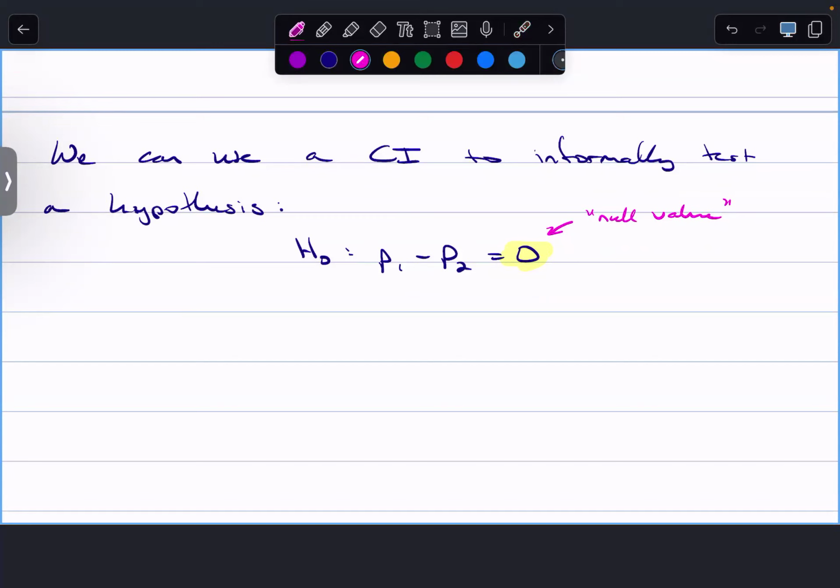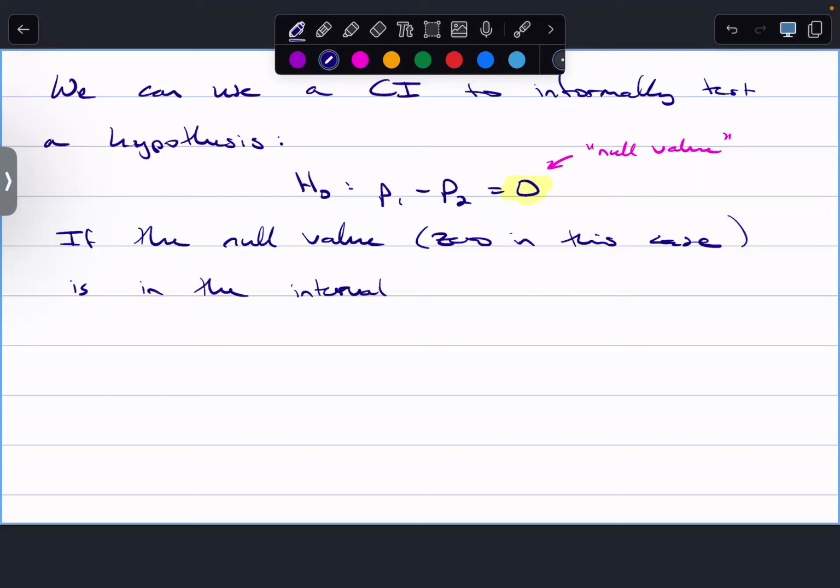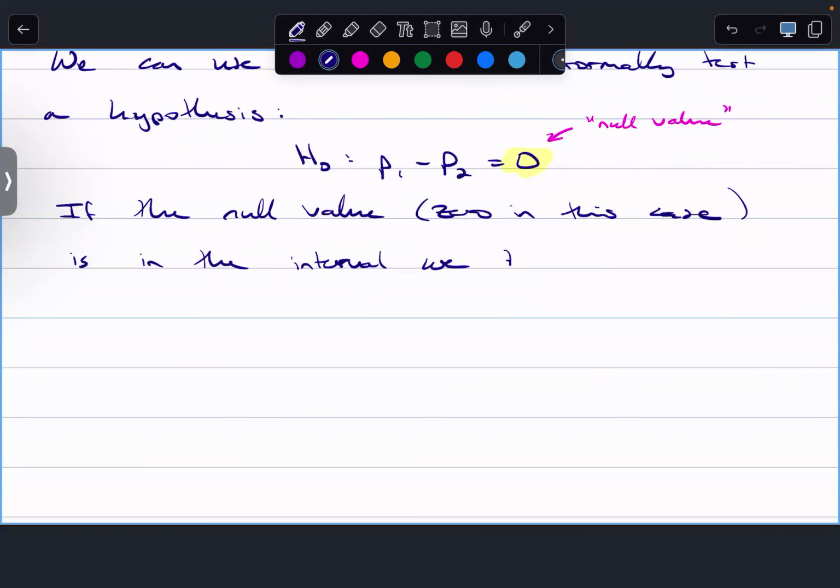And so if the null value, which is 0 in this case, is in the interval, we do not have enough evidence to reject H0.